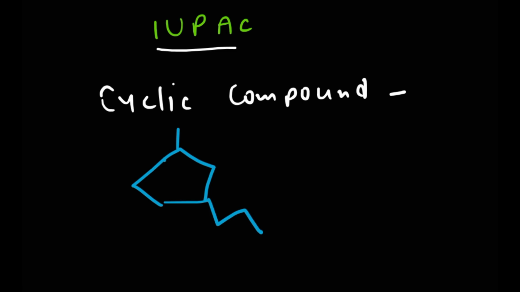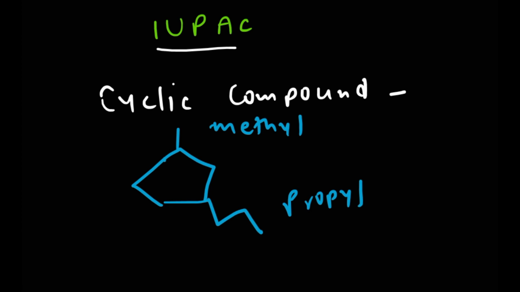So this carbon should be considered as number 1, either this or this, but we should consider as number 1 the carbon where the alphabetically first letter, the smaller letter, comes. So here it is a methyl group, and it is a propyl group.